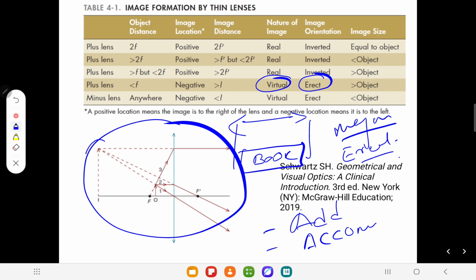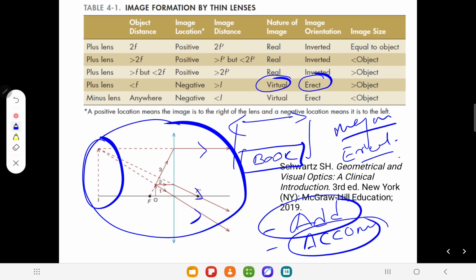That's why the image is erect, virtual, and magnified, which we want. But the consequence is that the light coming out of the stand magnifier is divergent light. So for that divergent light, patients either need an add, or if capable, they must accommodate. That's the consequence of a stand magnifier.